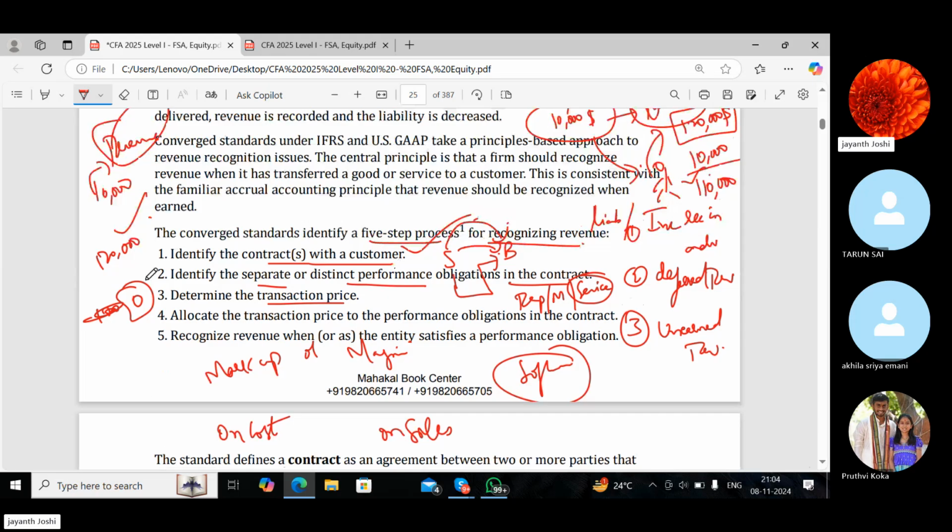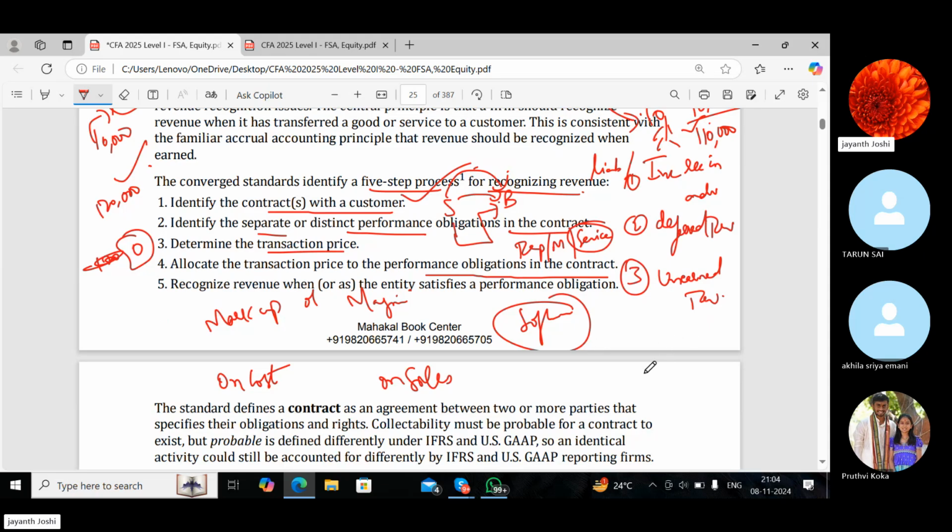The next point is to allocate the transaction price to performance obligations in the contract. Whatever money you are charging, what do you mean by allocation? Allocation is the amount that belongs to a specific or particular task. So you need to see, if you are charging $150, let's say, how much of it you are going to show as revenue for your sales.